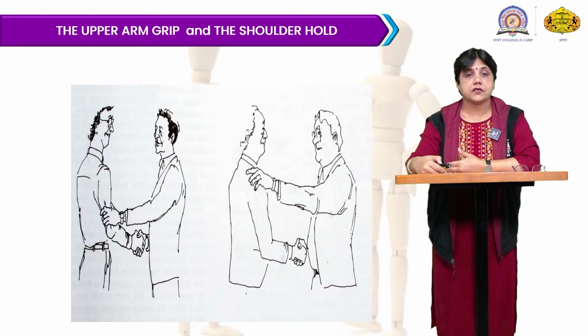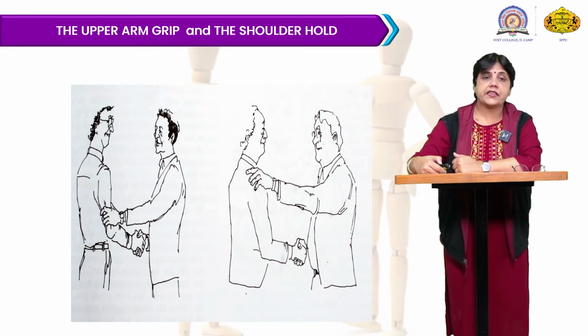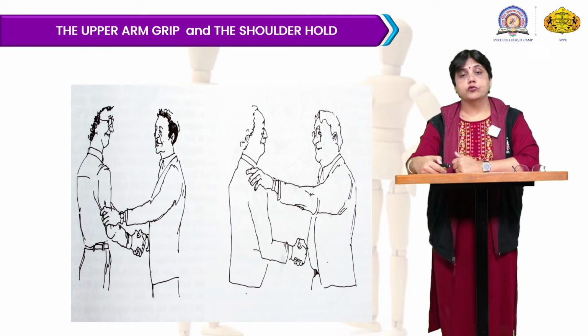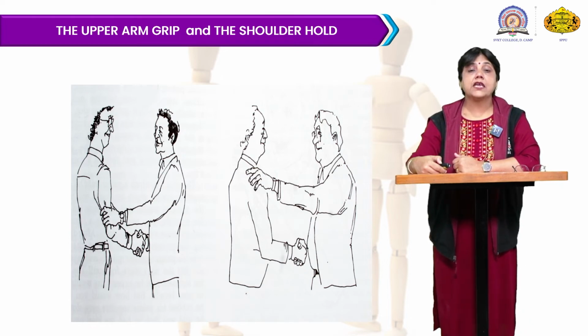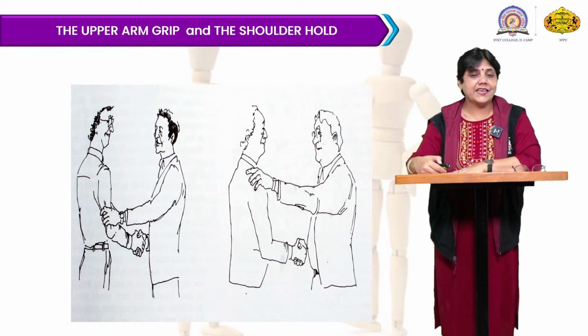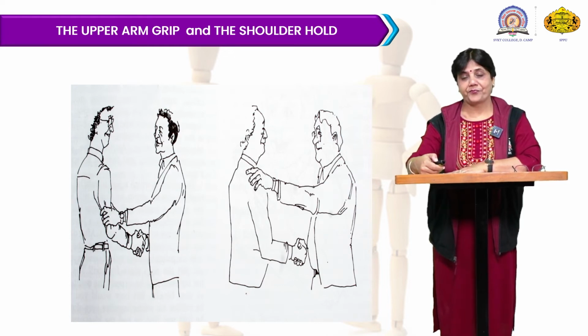What is the difference? In the first picture, when the person is holding the other from the upper arm, it shows that we are equal. But in the second picture, when a person is putting a hand on somebody's shoulder, that shows that whatever the case, I am your big brother. Okay.